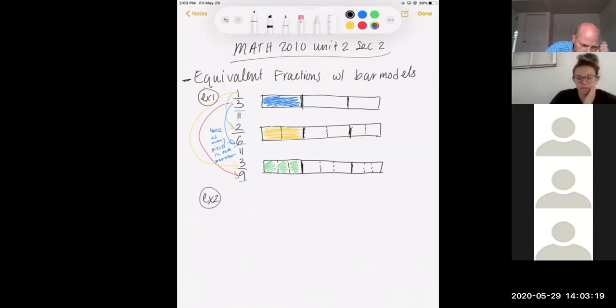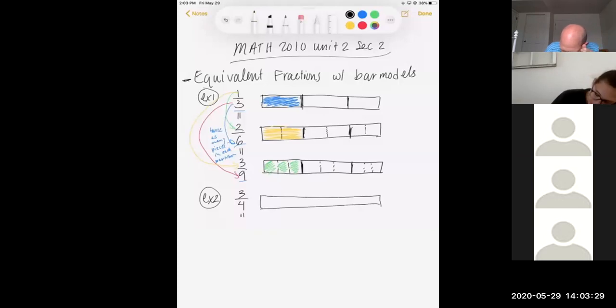Okay, try number 2. 3/4. We need 2 fractions that are equal to 3/4. We need to draw them. Good. Let's have 2 fractions that are equal to 3/4. Anybody? 6/8.